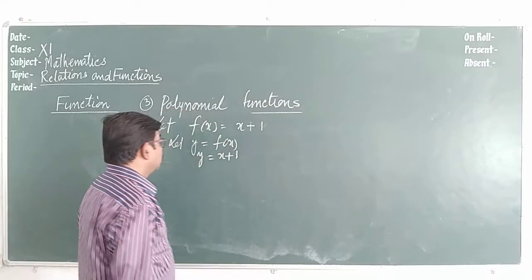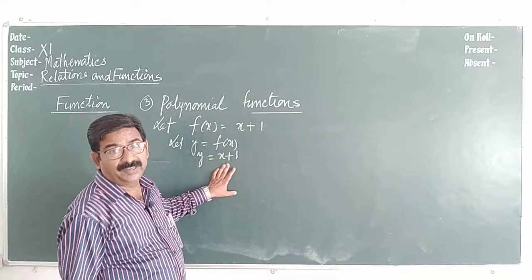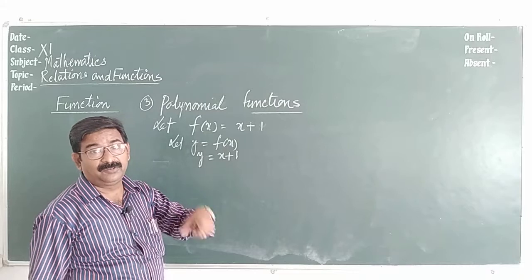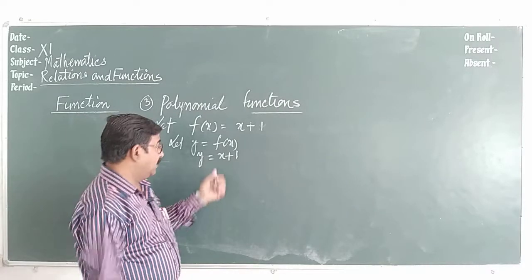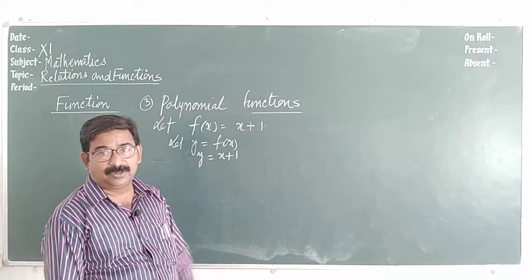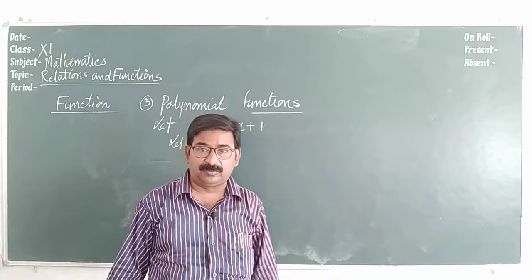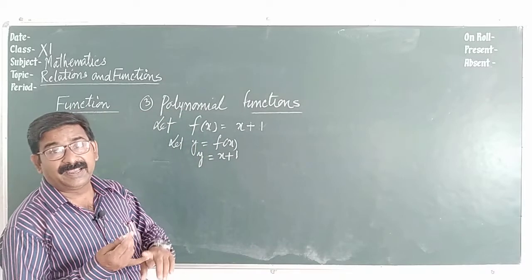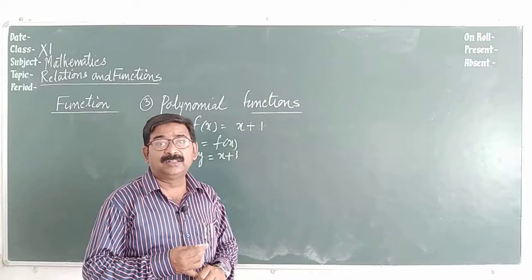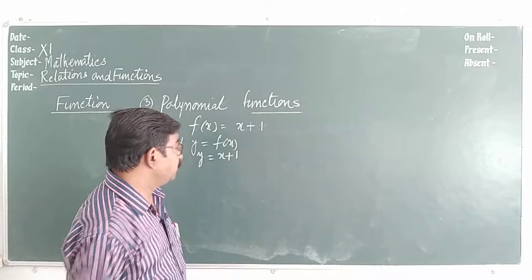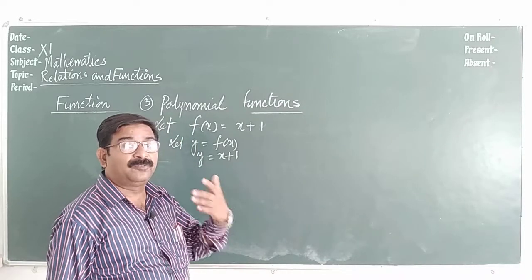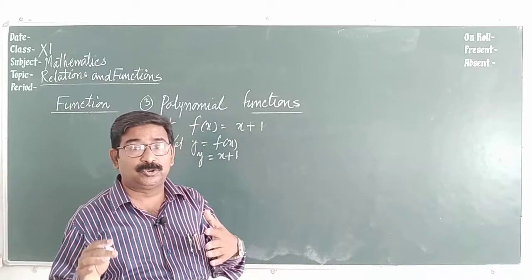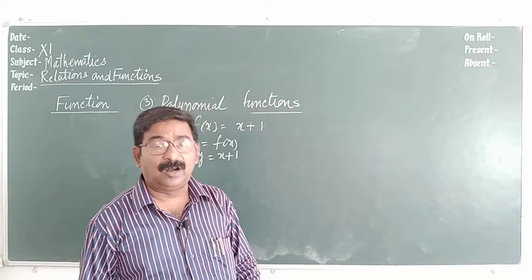For every value of x, try to understand, we will have different values of y. If you take x is equal to 1, then y is equal to 2. If you take x is equal to minus 1, then y is equal to 0. If you take x is equal to 3, then y is equal to 4. Means as you change the value of x, the value of y will change. So I am going to take the values of x. Imagine what type of values you can take for x. How many values?